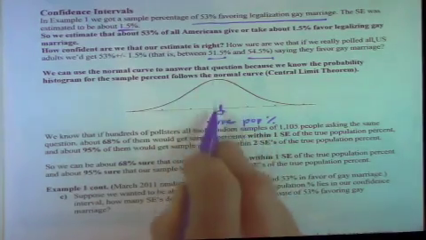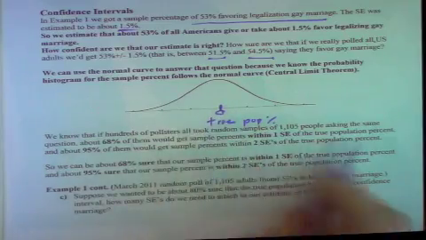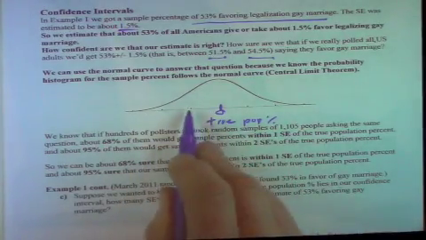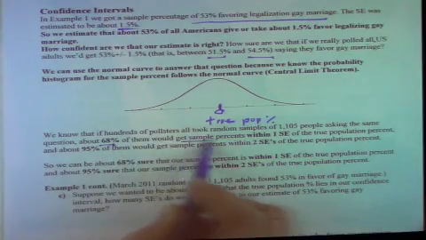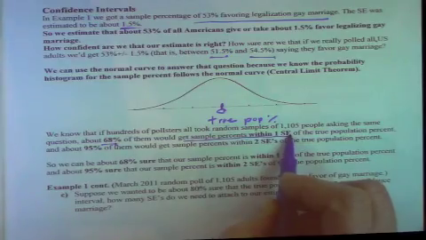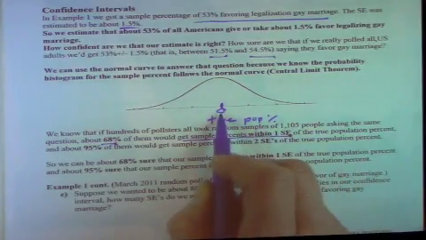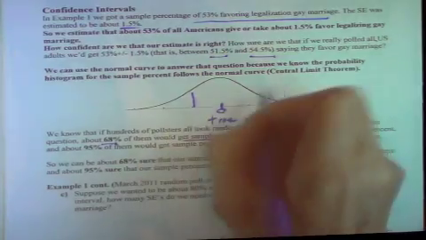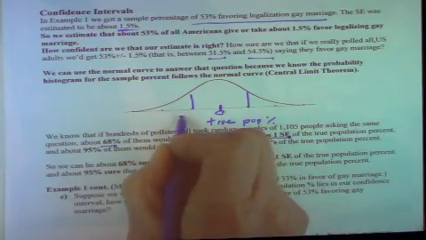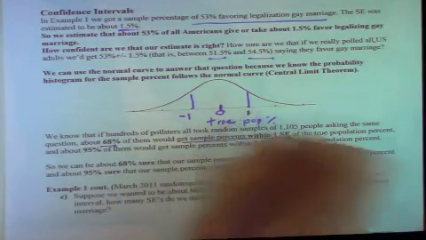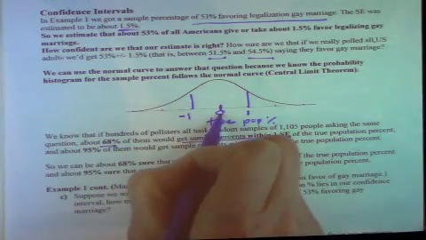The most likely would be the true population percent, but 68% of them would get sample percents within one standard error of the true population, right here. 68% of the hundreds of pollsters would get between -1 and 1 standard error of percent.